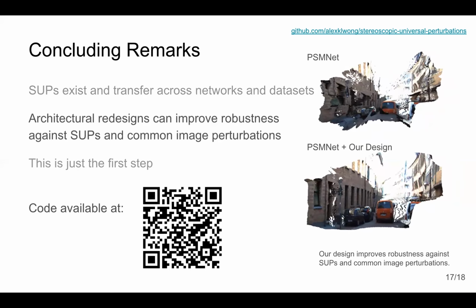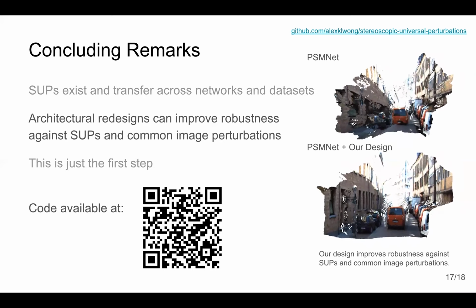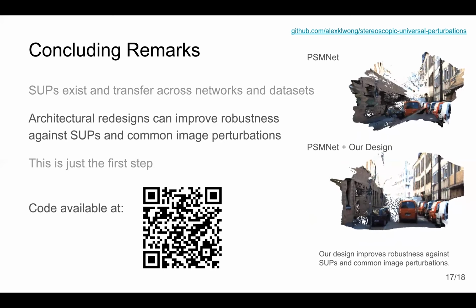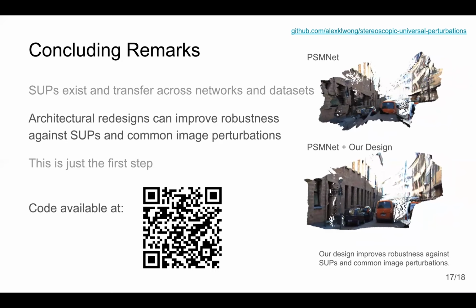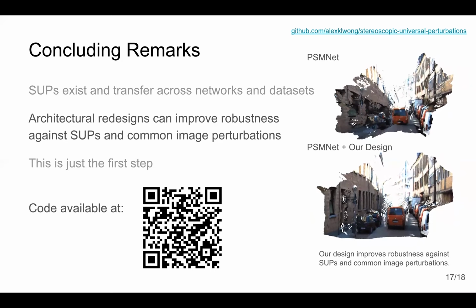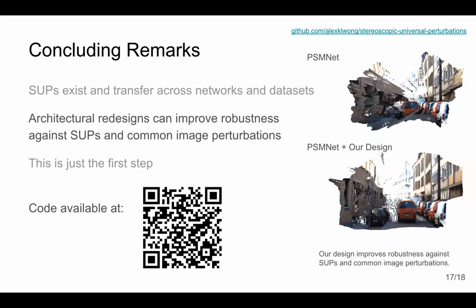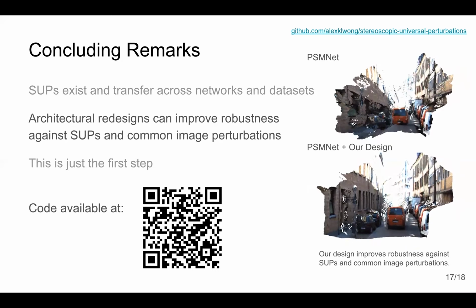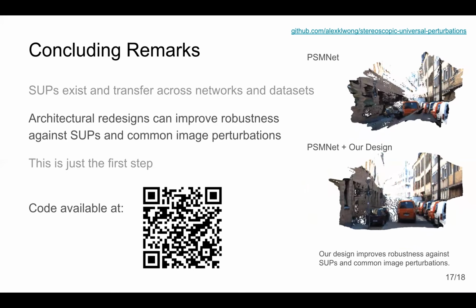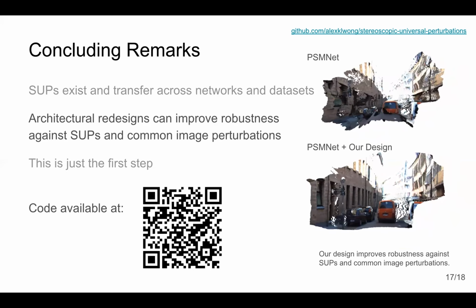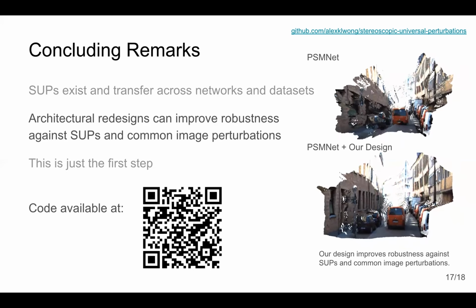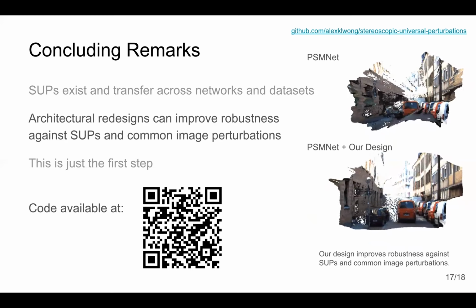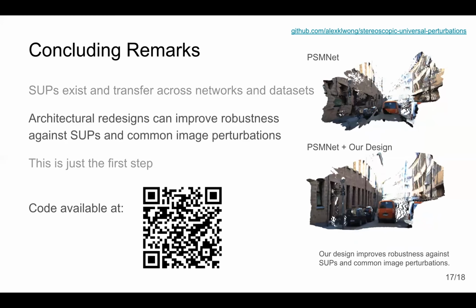But through the analysis of these perturbations and their effect on stereo networks, we have found architectural elements such as deformable convolutions and inductive biases like explicit matching that can be incorporated into network designs to render them robust. And not only do these designs improve robustness against adversaries, but also against common image perturbations.